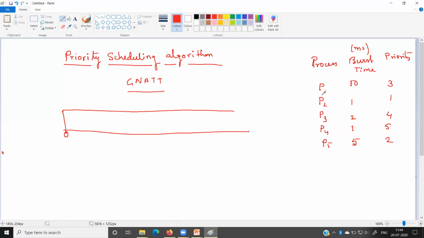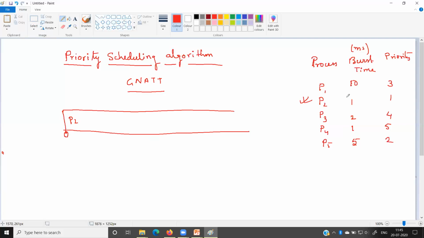Among the 5 processes, P1, P2, P3, P4, P5, P2 will get the chance first because its priority value is low. So P2 will start its execution.